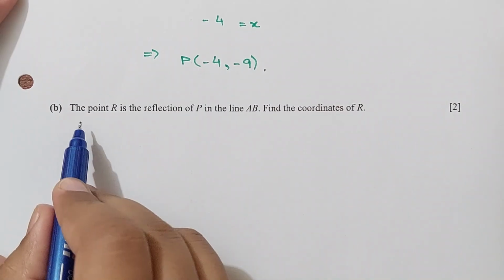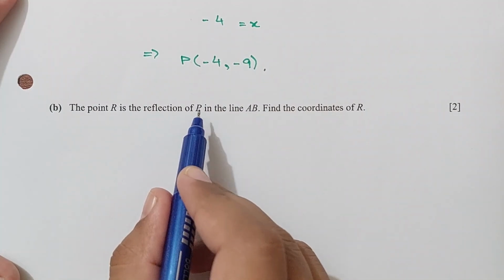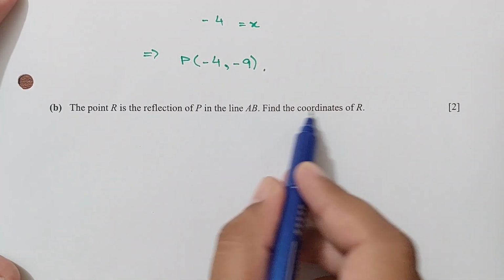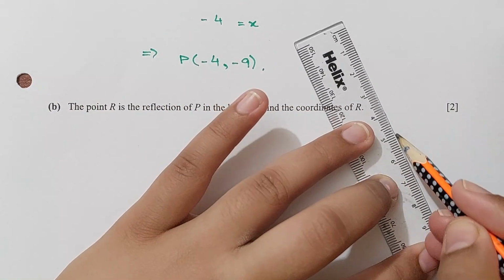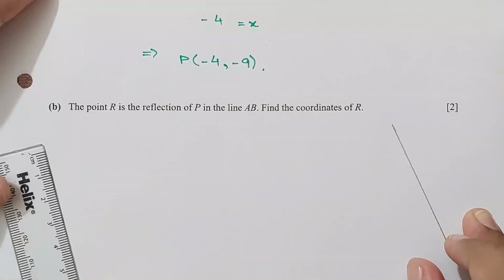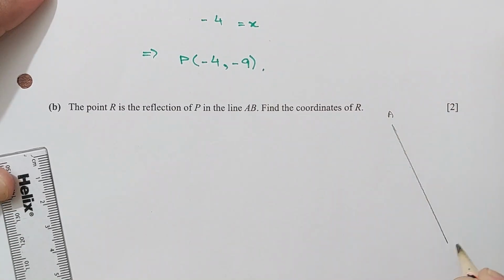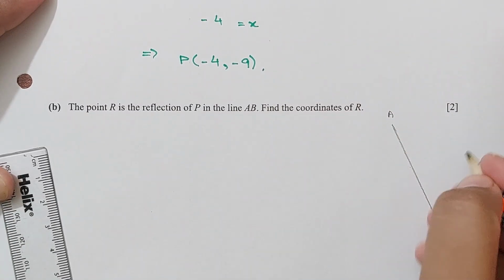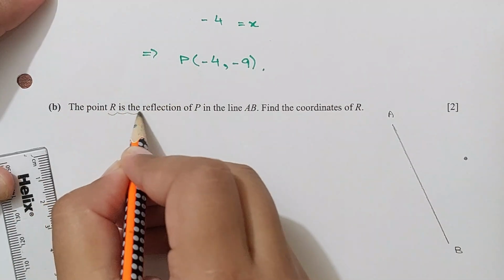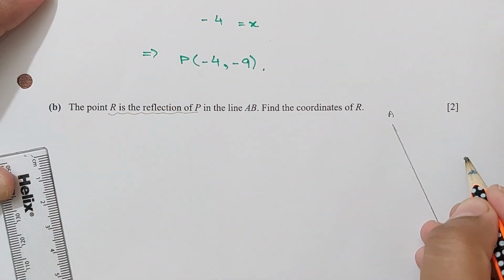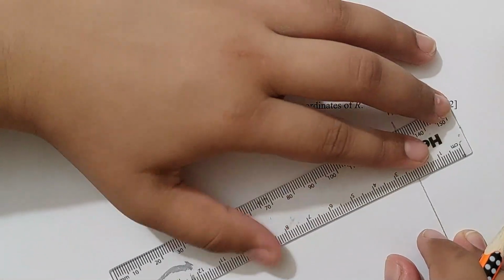Now for part B, the point R is the reflection of P in the line AB. Find the coordinates of R. Okay, so let's say this is my line AB, right? A and B, and this is a point P, right? And we have to find the point R, which is a reflection of P. So the reflection is the mirror image.